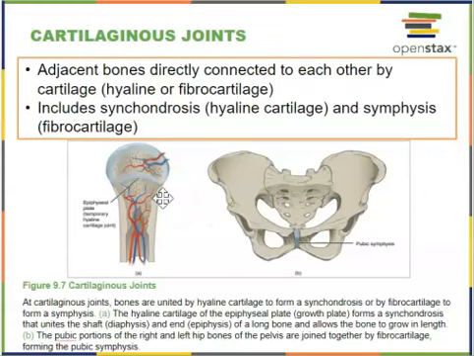A synchondrosis occurs when the joints are connected by hyaline cartilage, and a symphysis occurs in locations where the adjacent bones are connected by fibrocartilage.